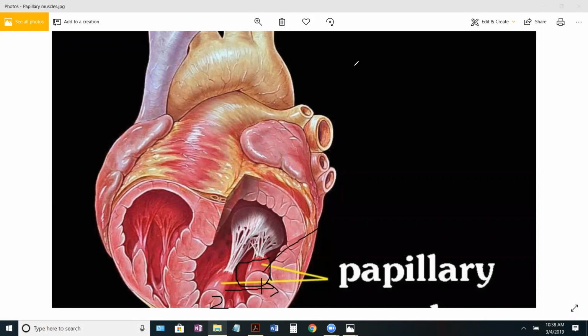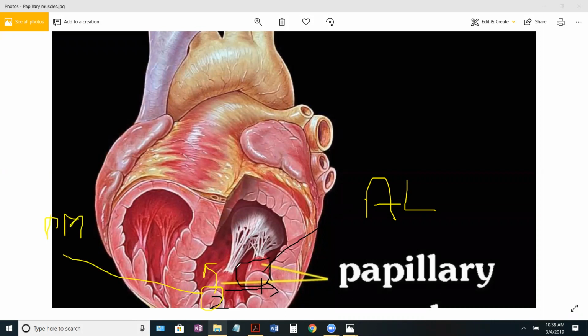So this is the anterolateral papillary muscle. This one is close to the posterior wall and also close towards the midline of the heart. This is the posteromedial papillary muscle of the heart.